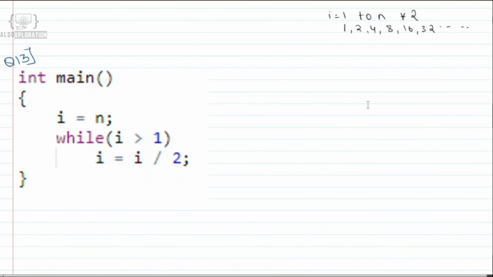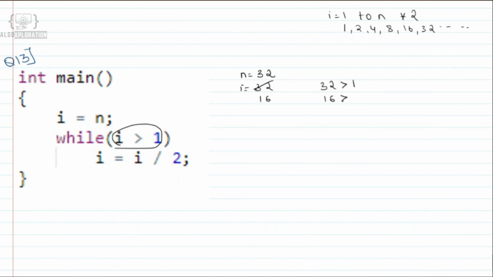Here also there is a similar case. Let's take n as 32 also. Therefore i will be 32. Now, is 32 greater than 1, this condition? Yes, it is. So we will divide i by 2, that will be 16. 16 greater than 1?